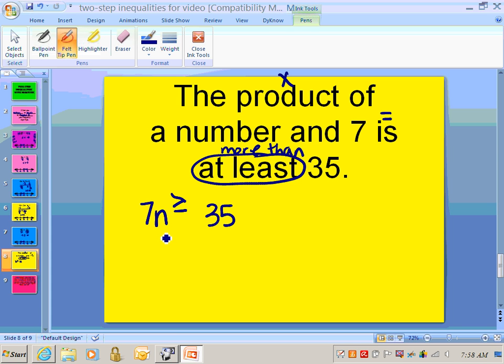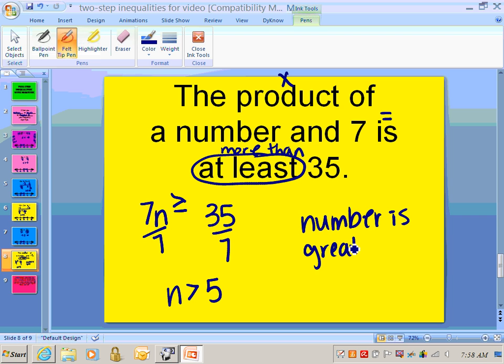Now to solve this, divide by 7. N is greater than 5. So that number is greater than, sorry, I forgot the equal to, or equal to 5.